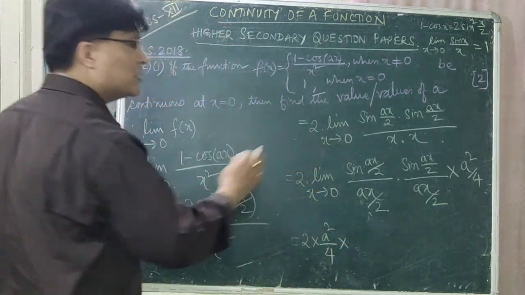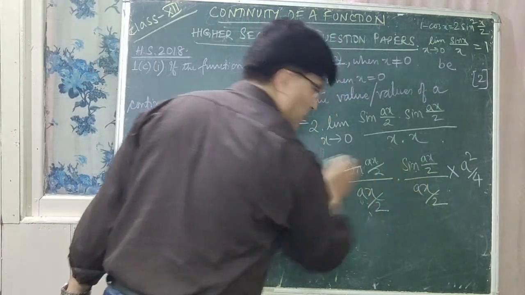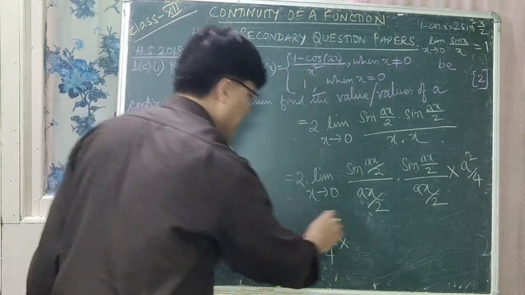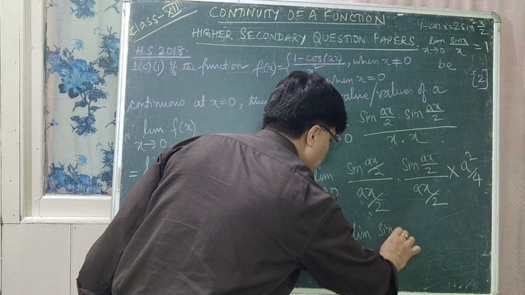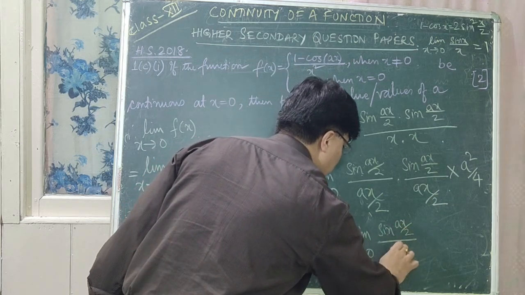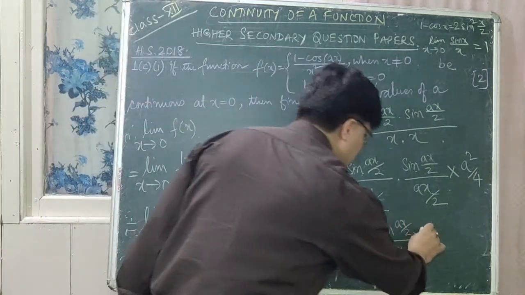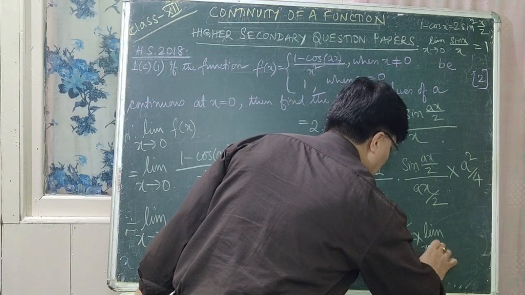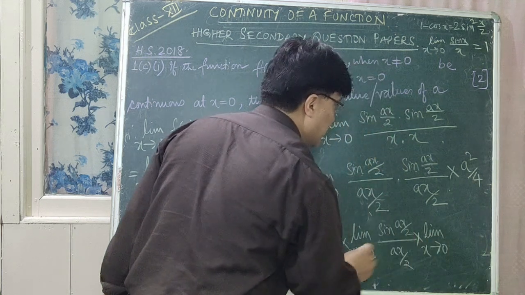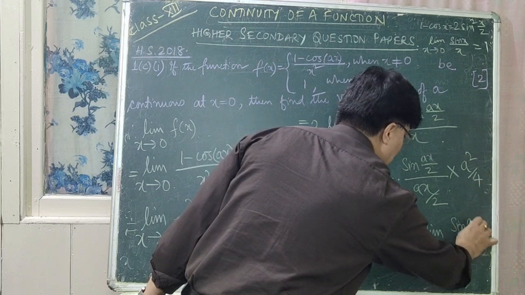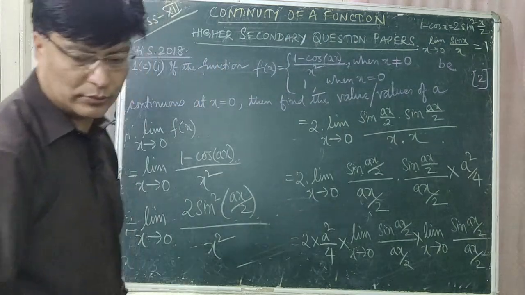Wherever there is a standard form, you have to write down the limit. For both these expressions, you have to write down the limit. So limit x tends to 0 sin ax by 2 divided by ax by 2, into, again, limit x tends to 0 sin ax by 2 divided by ax by 2, right?